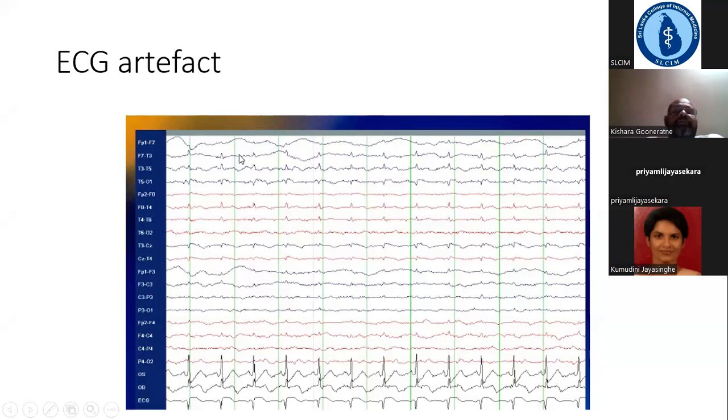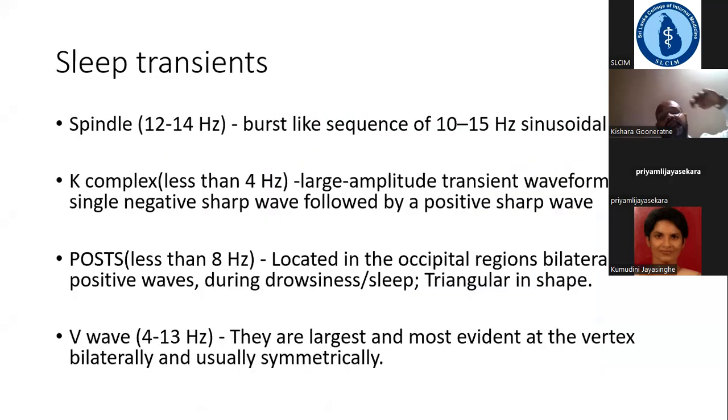Now, if someone gives this to you in one of your OSCEs, you might diagnose this patient as having CJD. But no, this is actually ECG artifact. We can see that this coincides with the ECG QRS complex at the bottom. So it is very important not to misinterpret these physiological artifacts which are seen on the EEG.